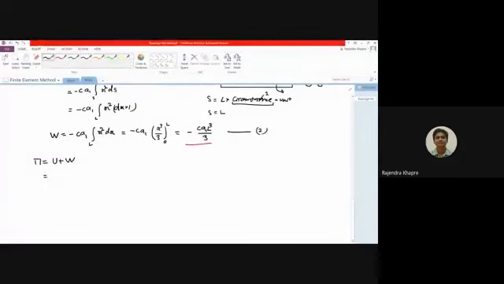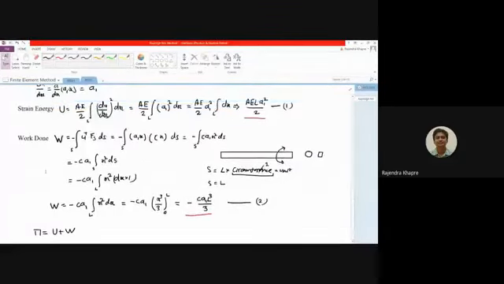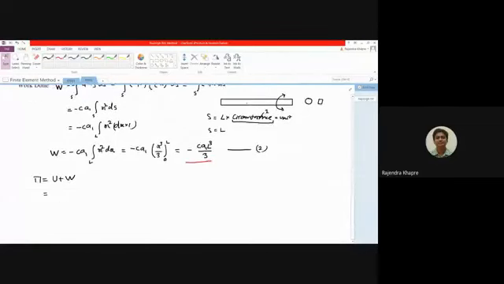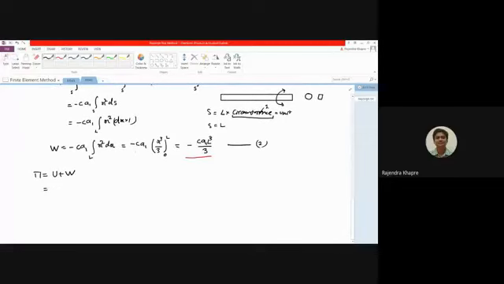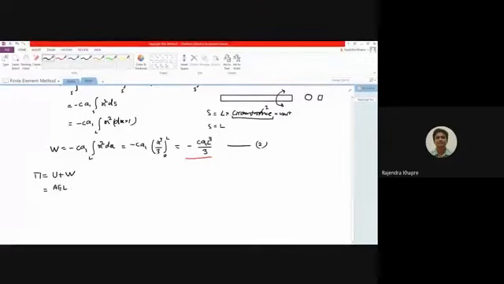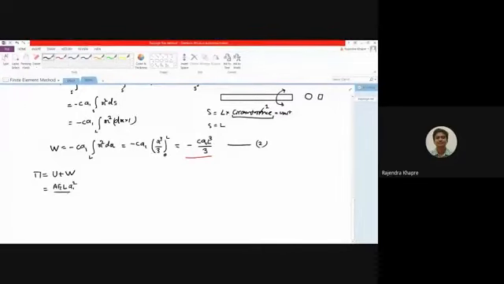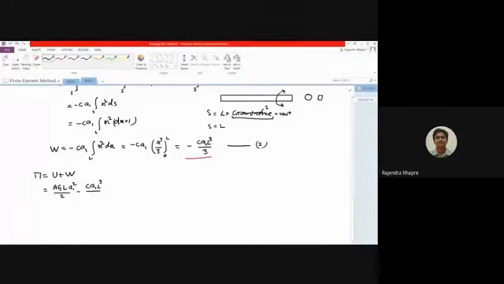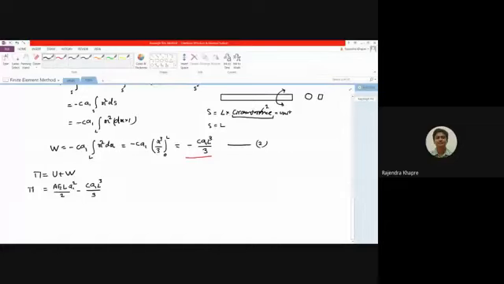If you refer to the earlier section, your strain energy is AEL A1 square divided by 2. So let me write that down: AEL A1 square divided by 2, and your work done is nothing but negative C A1 L to the power 3 divided by 3. So this is the total potential energy pi.